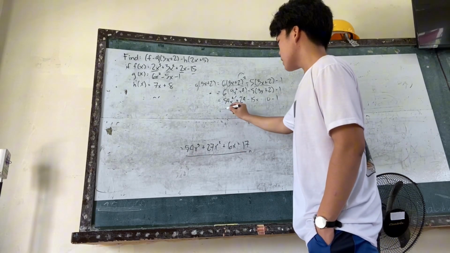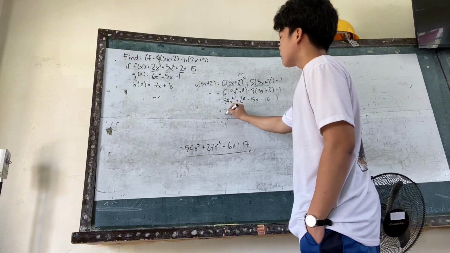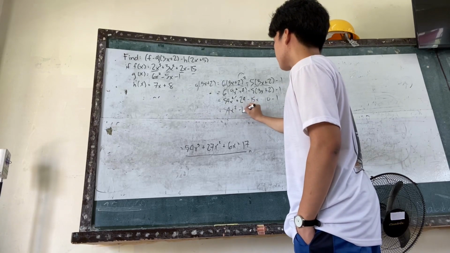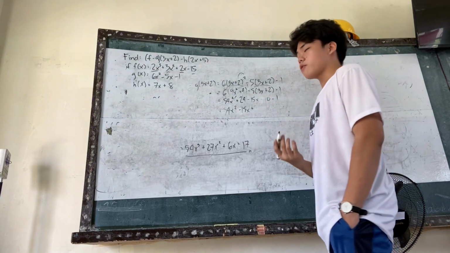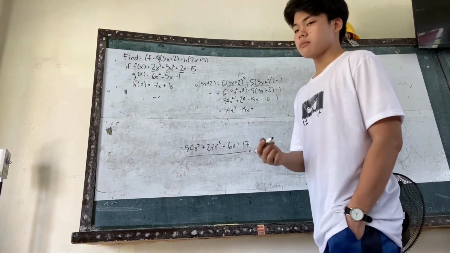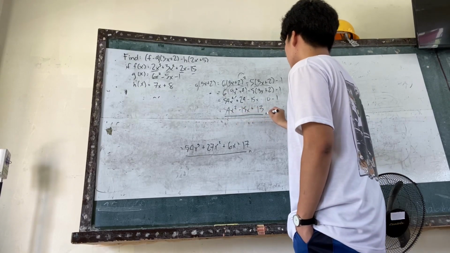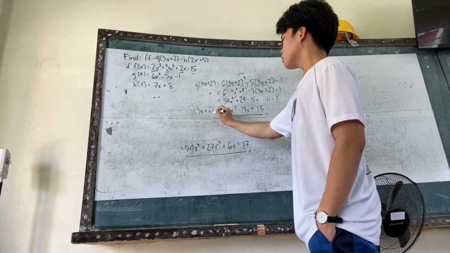Next would be to arrange it and solve for the remaining values: 54x² minus 15x plus, what is 24 minus 10? Of course, it is 14, minus 1 is 13. And that would be our value of g(3x + 2).